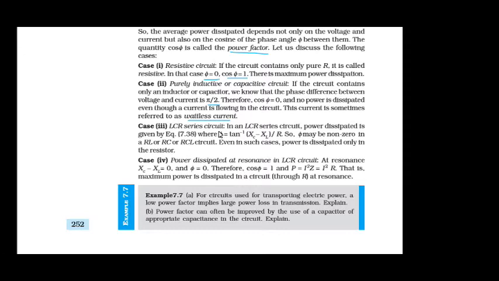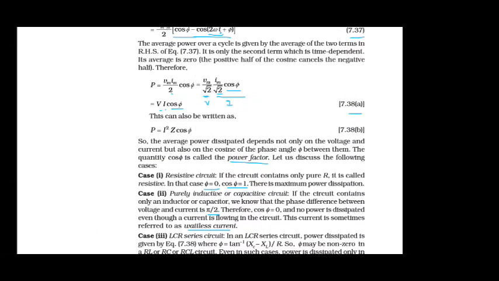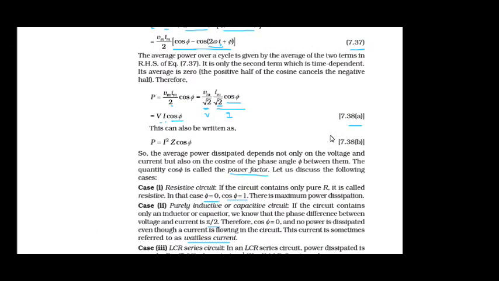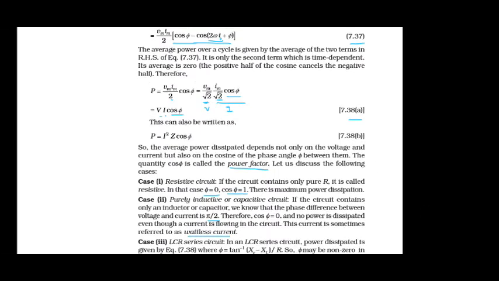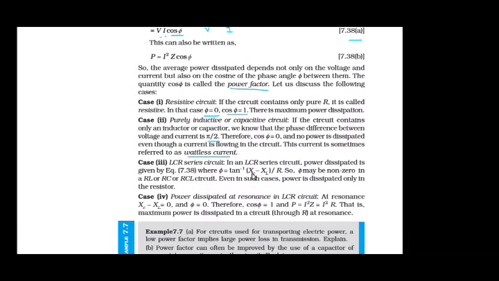Case 3, LCR series circuit. In an LCR series circuit, power dissipated is given by equation 7.38, that is 7.38a and 7.38b, where phi is tan inverse of (Xc - XL)/R.